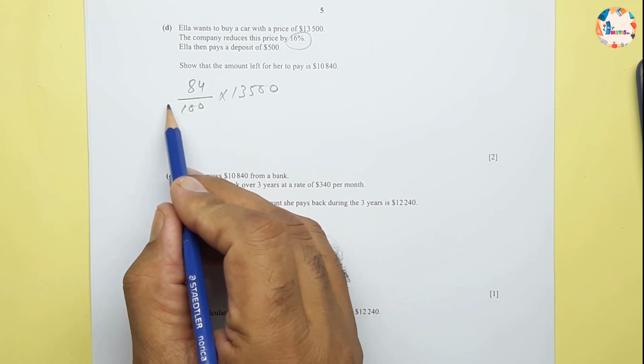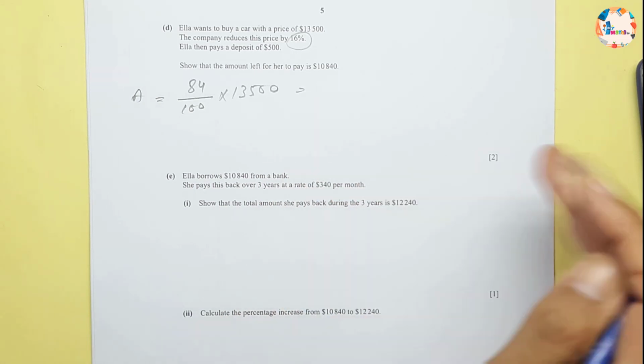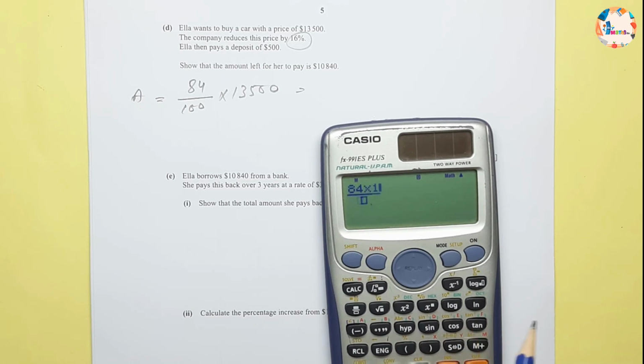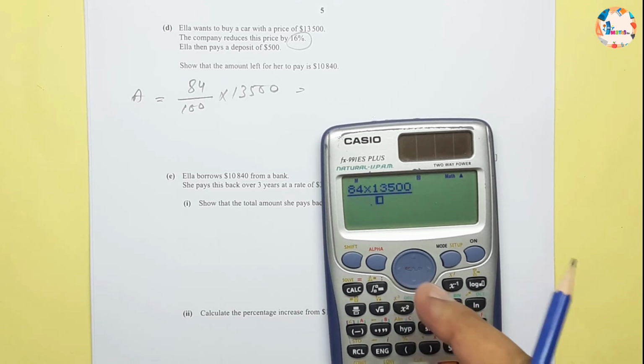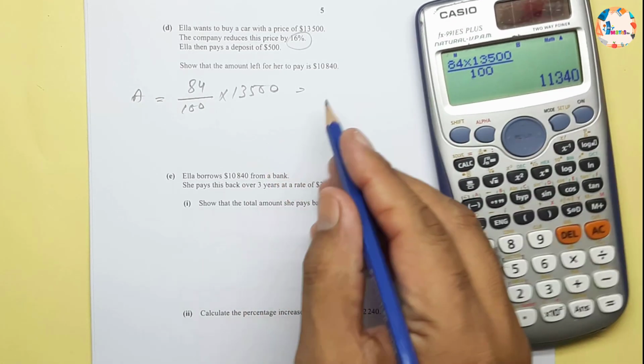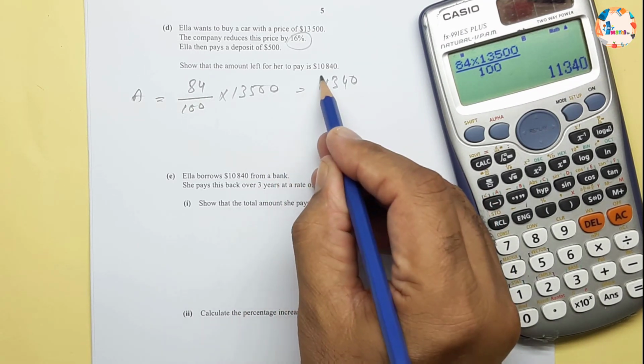So the amount, you can write here, amount is equal to this one and calculate this. This will be 84 multiplied by 13500 and divided by 100 is equal to 11340. This is the amount.